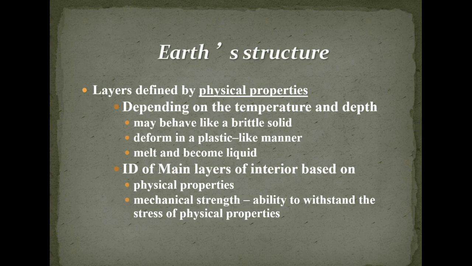So by studying these different properties and how the waves are traveling through the Earth, we can see that there are changes in the physical properties in the interior of the Earth, and we divide up the interior by those physical properties. Depending on the depth of the Earth, you get more pressure as you go towards the center, and you get hotter temperatures.